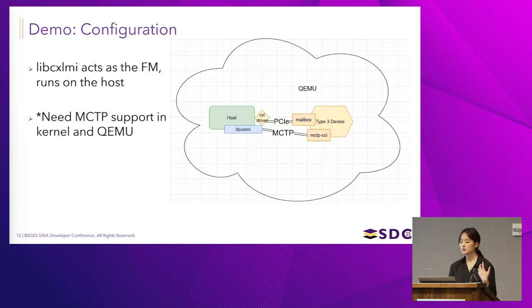So now that we know how it all works, let me go over the configuration of what we'll be emulating, and then I'll show the demo video. We'll emulate a very basic topology with one DCD directly attached to the host.